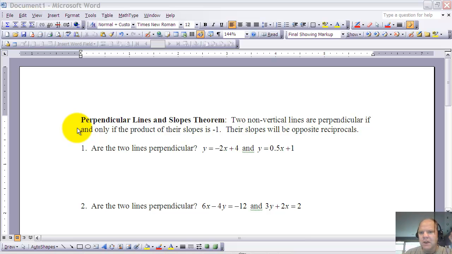Another way of looking at that is to see if the slopes are opposite reciprocals. In terms of fractions, one fraction will be flipped over and the sign will be changed.